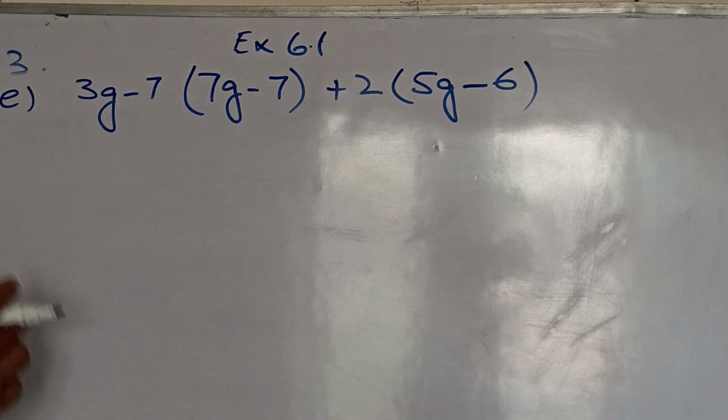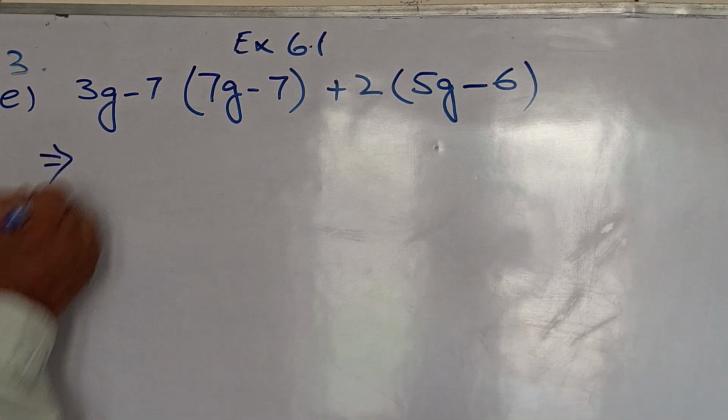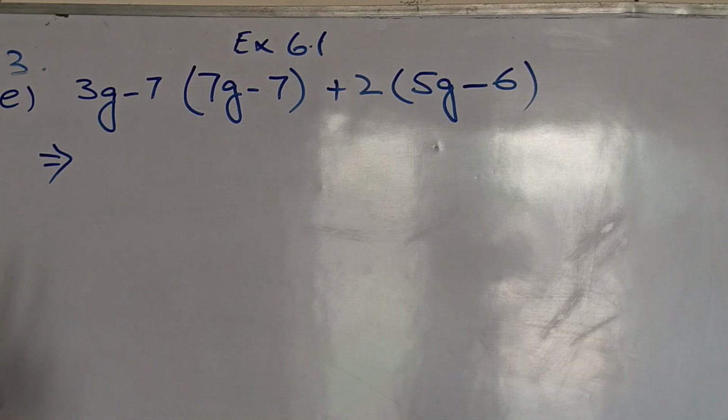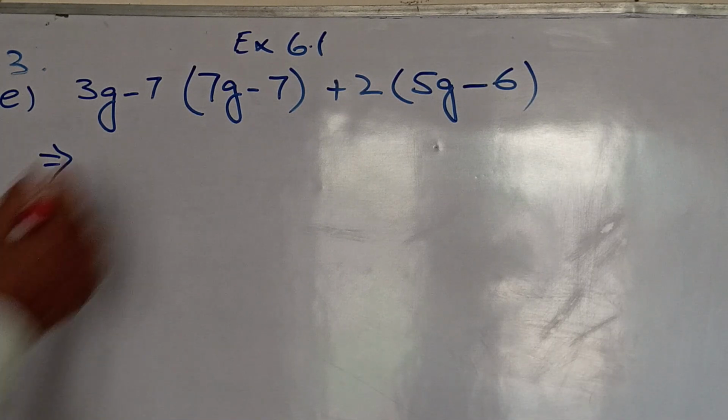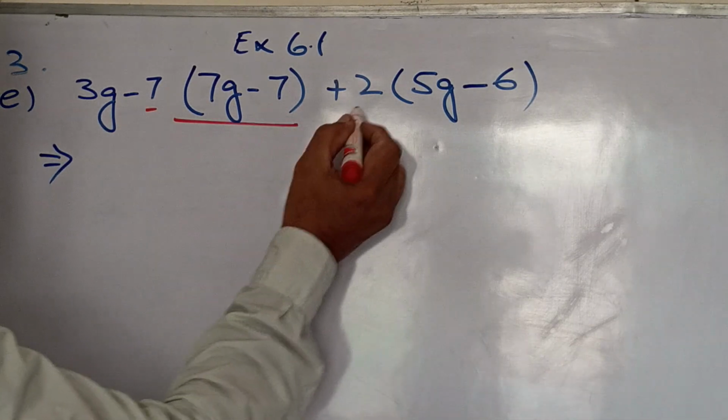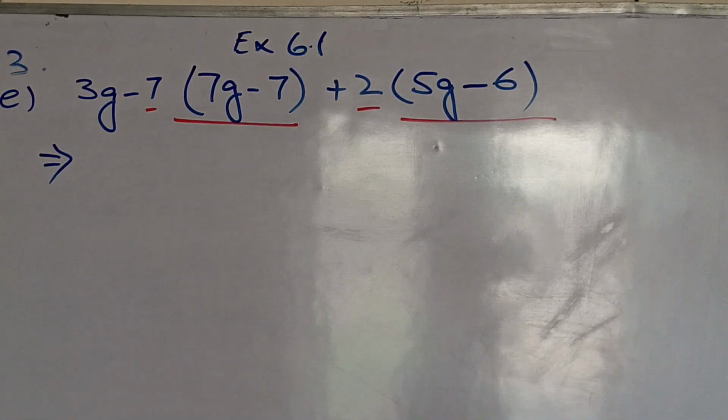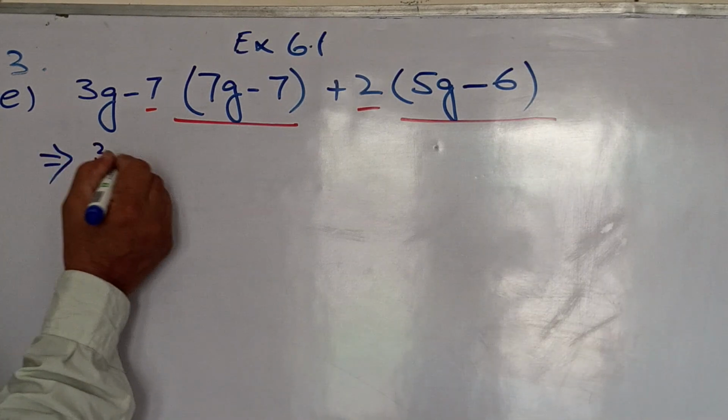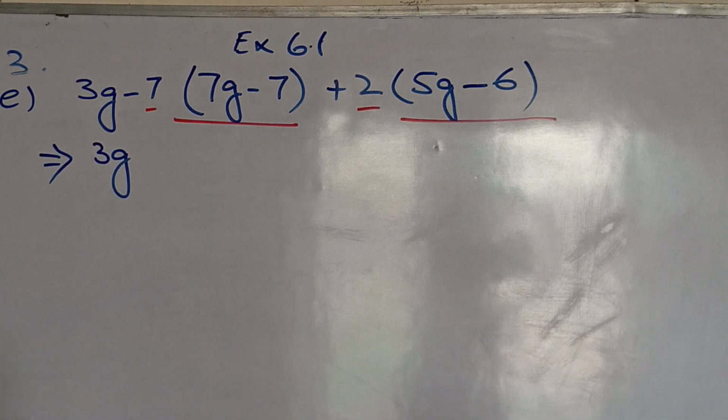Okay. It is a very simple question again. Now you just leave this 3g, because we are going only to multiply this 7 with this and this 2 with this, and of course the signs. Okay, write this 3g as it is.